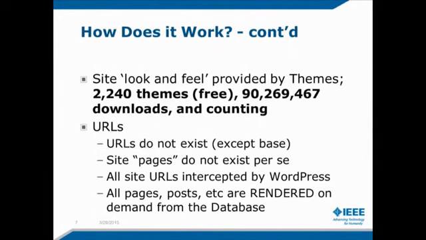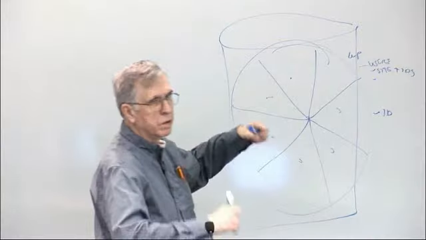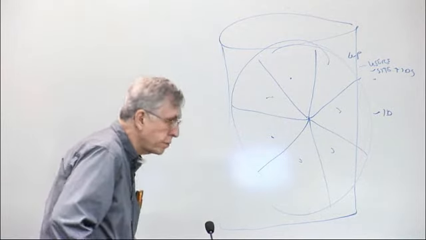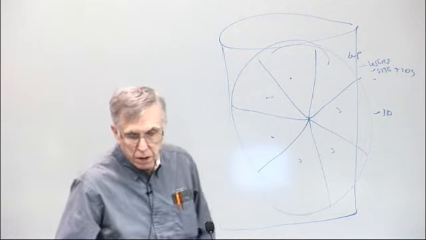So that's sort of how the data is. There's a set of metadata about your installation, and then for each site. A while ago, I think it's much more than that now, there were over 2,000 themes, and I suspect by now there's probably more. They're free.